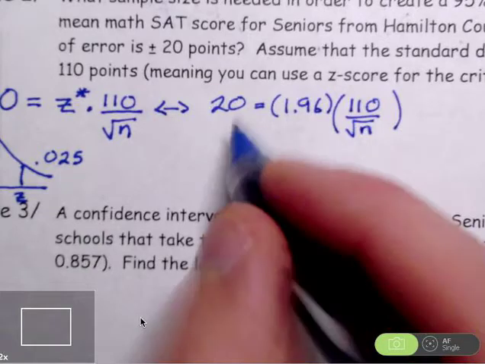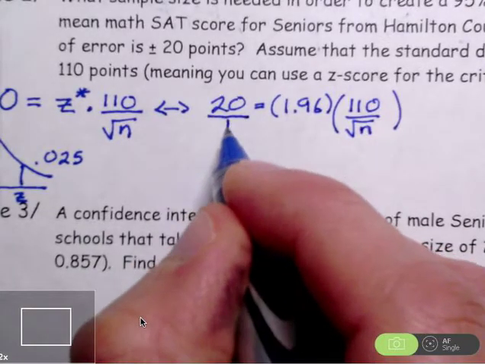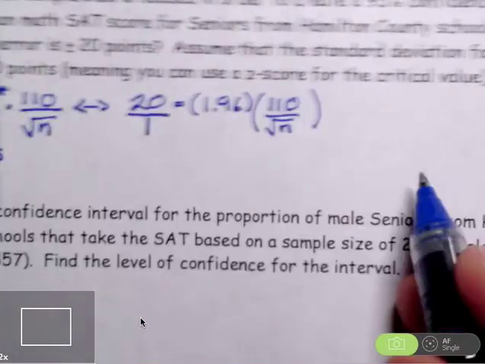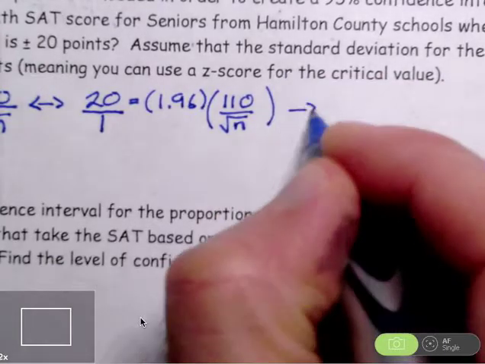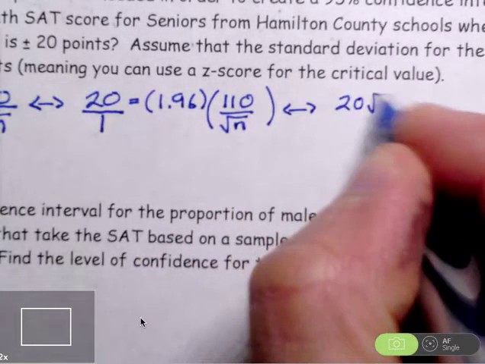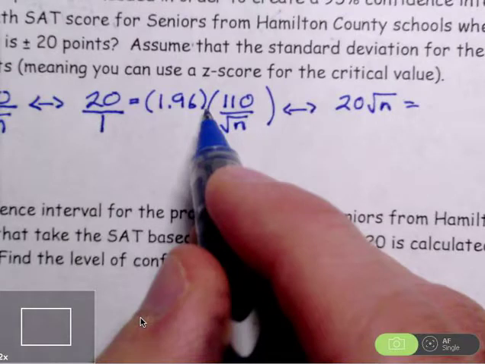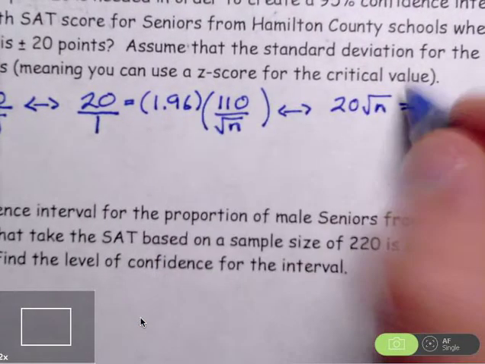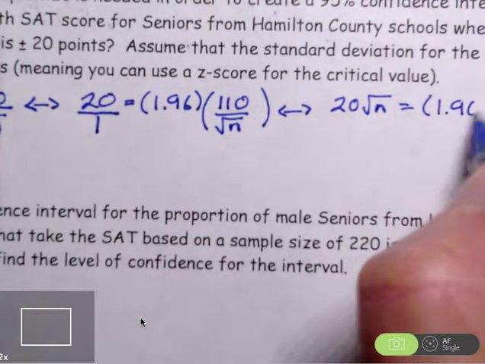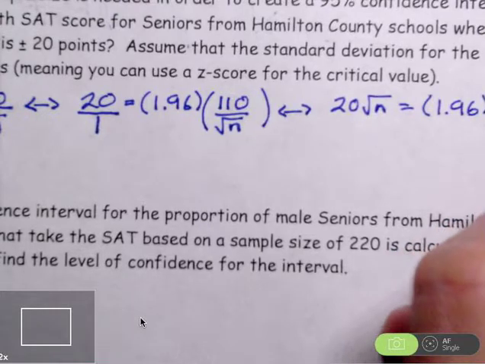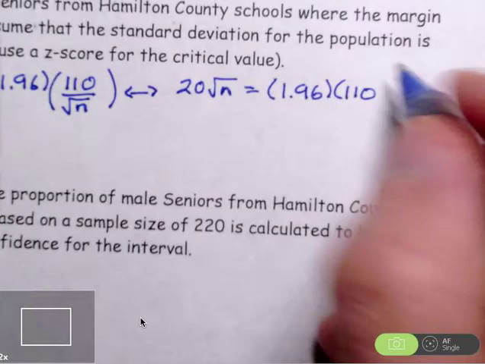So I suppose we could cross multiply this. If we cross multiply that, we'll end up taking the 20 times the square root of n, and then the 1 times the 1.96 times 110. There we go.